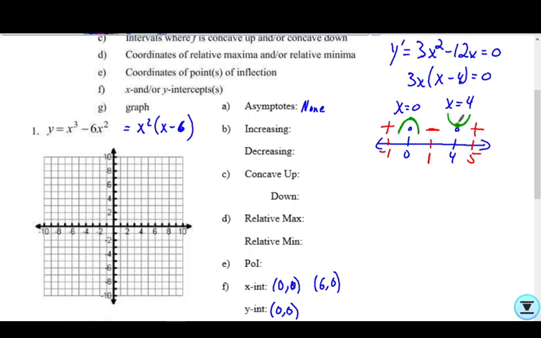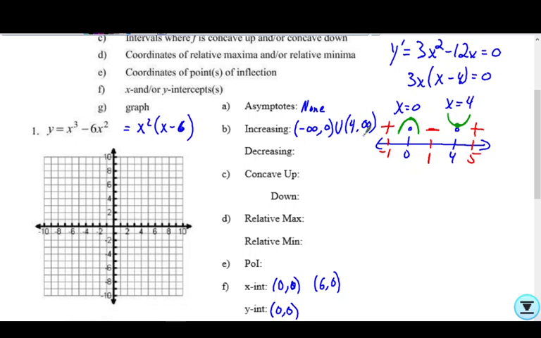This test also tells me my relative maximums and minimums. So let's start by putting in our increasing. Our function is increasing where the derivative is positive, so that's this area here. It's increasing from negative infinity to 0 and from 4 to infinity.